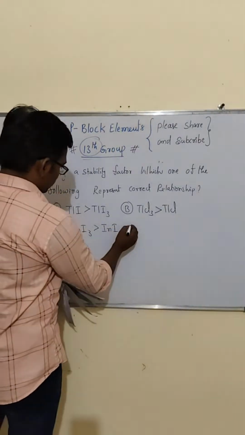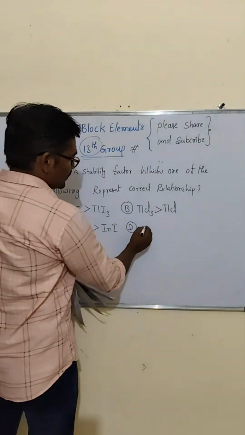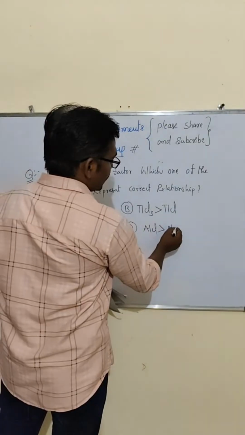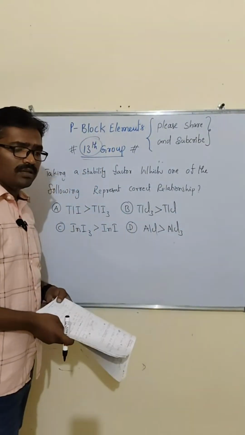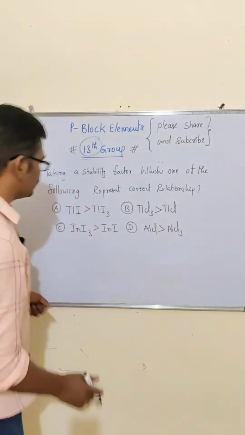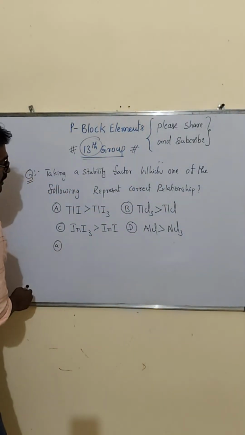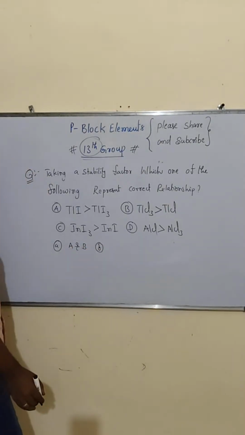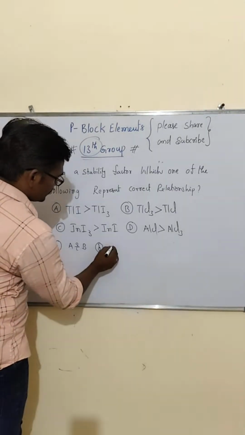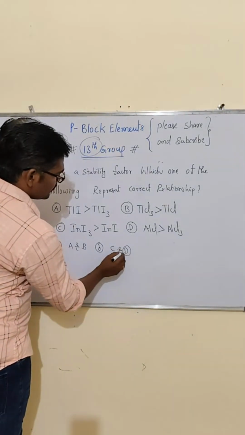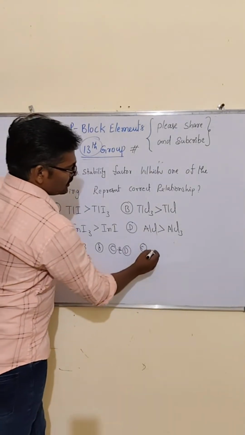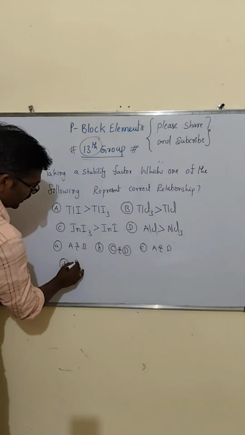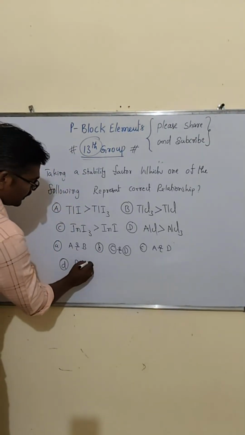The fourth one, D: AlCl is greater than AlCl3. So the options will be like this: A and B, then B and C, then C and D, then A and D, then B and D.